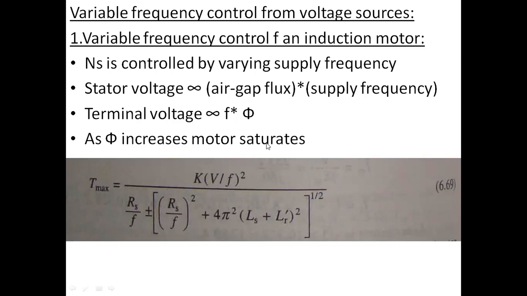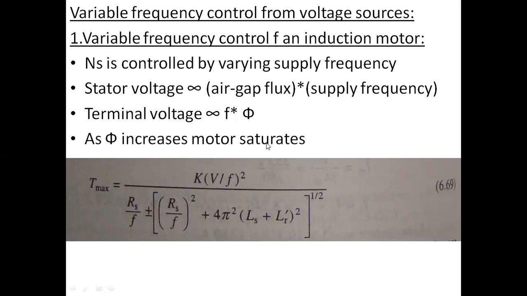Actually, induction motors are operated at the knee point of the magnetization characteristics, to make full use of the magnetic material. So as the air gap flux increases, the motor will be saturating.